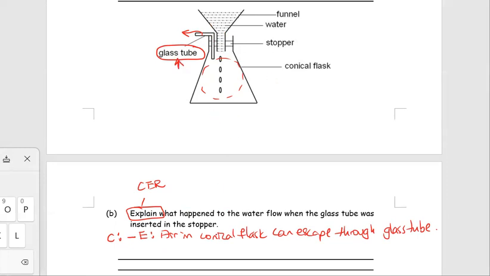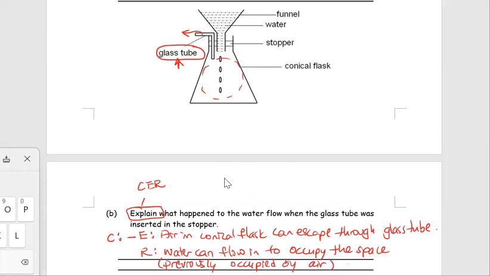So air in the conical flask can escape through the glass tube, and therefore, the R part, water can flow in to occupy the space. You need to have the words occupy the space or take up the space. I can just add in previously taken by the air. This one is optional.